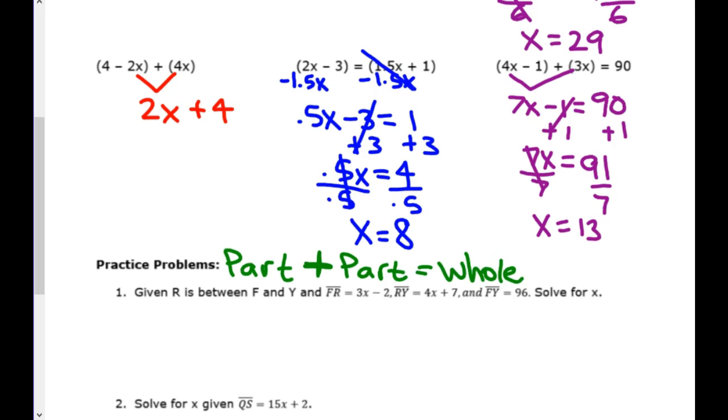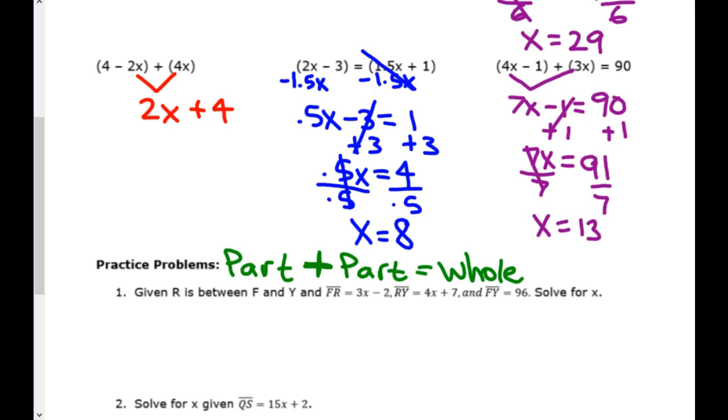The notes for today are part plus part equals whole. If you have segments or angles, or honestly anything, all of the parts will add up to the whole.